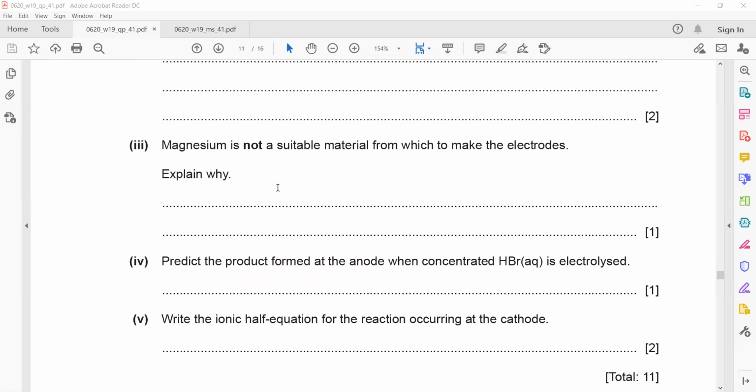Magnesium is not a suitable material from which to make electrodes. Explain why.